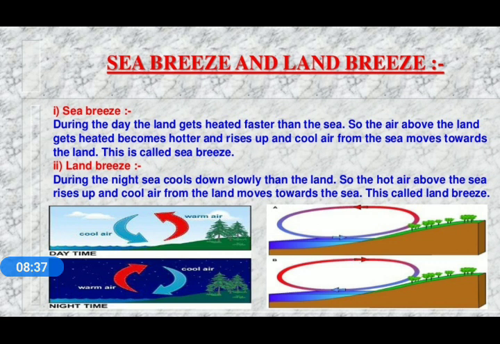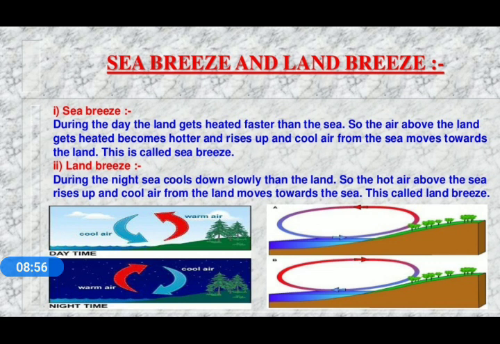Land breeze. During the night, the sea cools down more slowly than the land. So the hot air above the sea rises up and cool air from the land moves towards the sea. This is called land breeze.